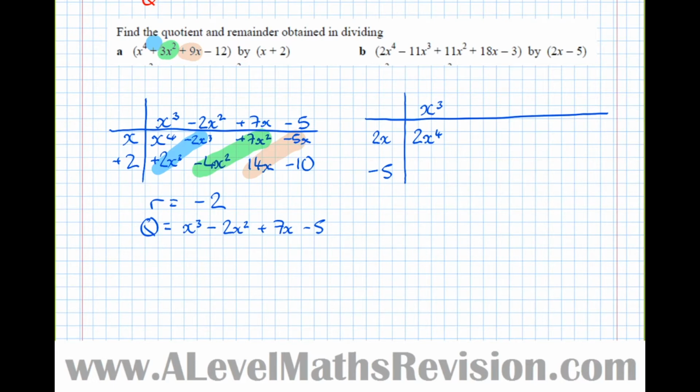Then fill out the grid. This column we can fill out now, because we get minus 5x cubed. But we don't want minus 5x cubed. We want a total of minus 11x cubed. So put something in this space here to adjust for it.